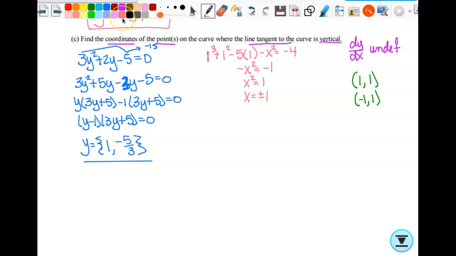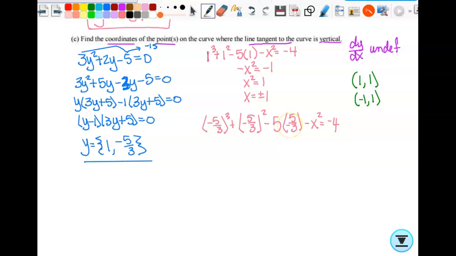So now I'm going to do the negative 5/3. Negative 5/3 cubed plus negative 5/3 squared minus 5 times negative 5/3 minus x squared equals negative 4.